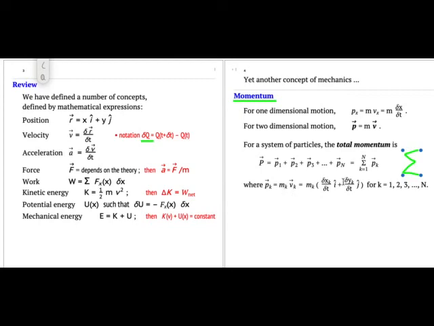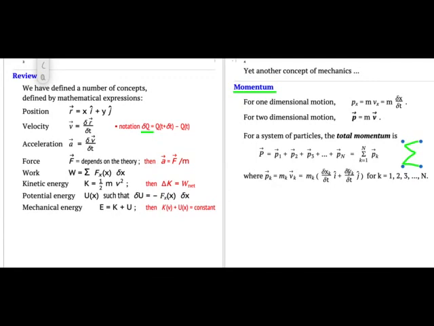And v is the rate of change of position, so it's delta x_k divided by delta t, times i hat, so that's the velocity component in the x direction, plus delta y_k for particle k.